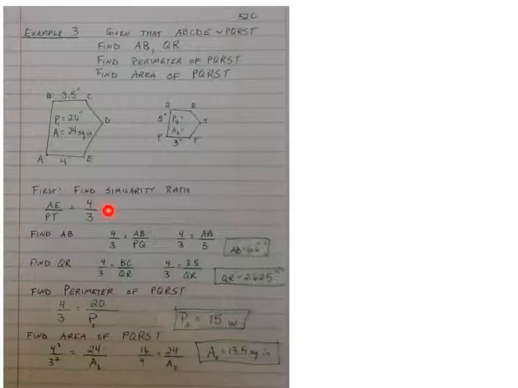So we have 4 to 3 is equal to this distance, AB, to this distance, PQ. So 4 to 3 is equal to AB to PQ, which is 5.